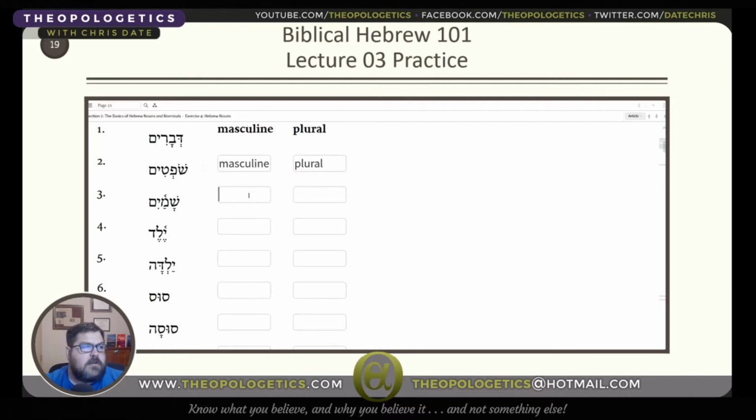The next word, shamayim, you can tell from that ending -ayim that you're dealing here with a dual. The challenge we face is that -ayim is the ending for both masculine and feminine nouns. So we can't tell from the form alone, and this isn't vocabulary that we have yet memorized. Some of you may know that this is the word for heaven, or heavens, shamayim.